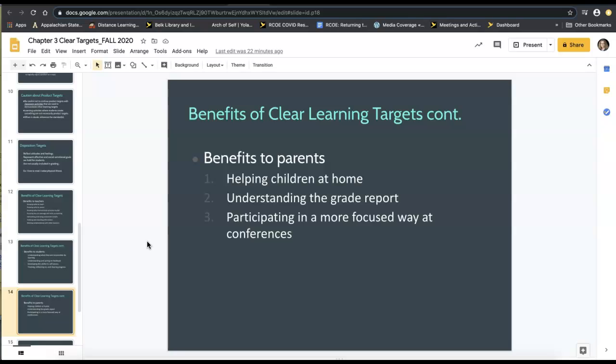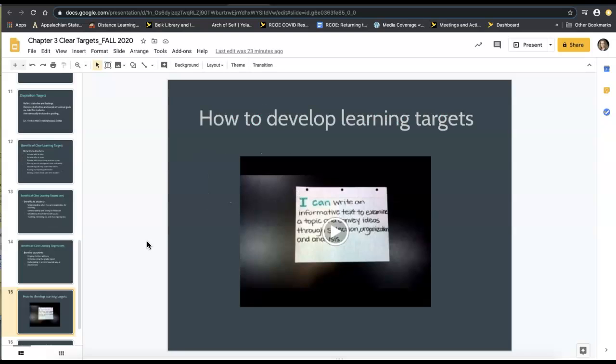Clear learning targets are also important for parents because it's important to communicate to parents what we're teaching and what their students are learning. It helps them understand report cards, it helps them participate in conferences, and just be generally more engaged and informed about their child's educational experience.